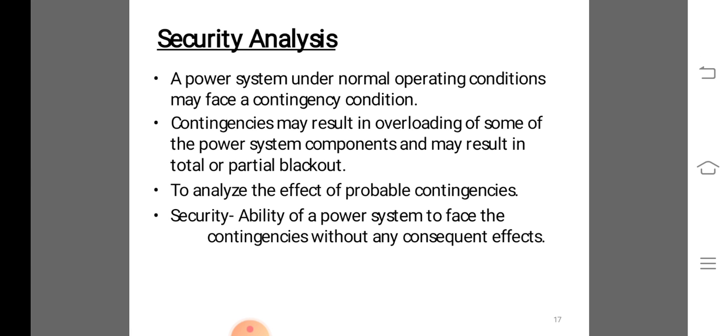Then power flow determines the steady state condition of the power system network for a specified generation and load pattern. It calculates voltages, phase angles and flows across the entire system.